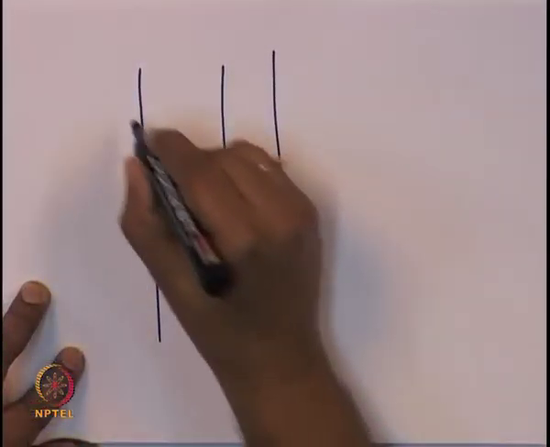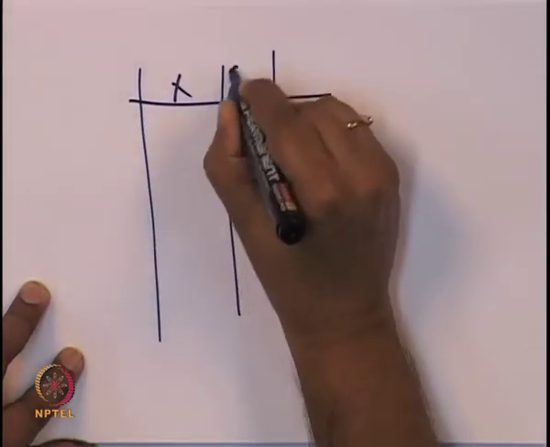Now, if we go back to derivatives and think a bit about them, let us say you are given a function. Instead of a function, what you are given is a table, let us say x and f of x.